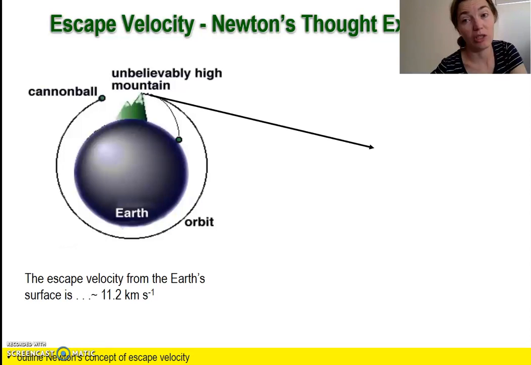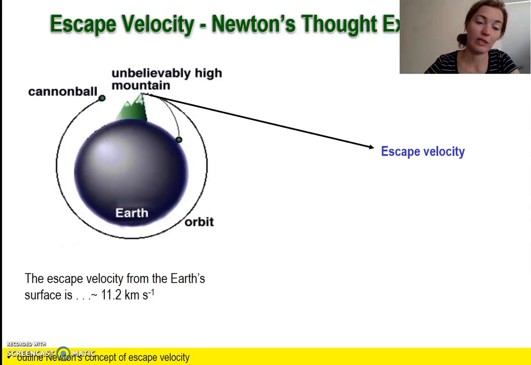And this is what is actually called the escape velocity, and we can calculate how high that velocity needs to be in order to leave a planet, any planet. And it happens to be that the escape velocity from Earth's surface is 11.2 kilometres per second.